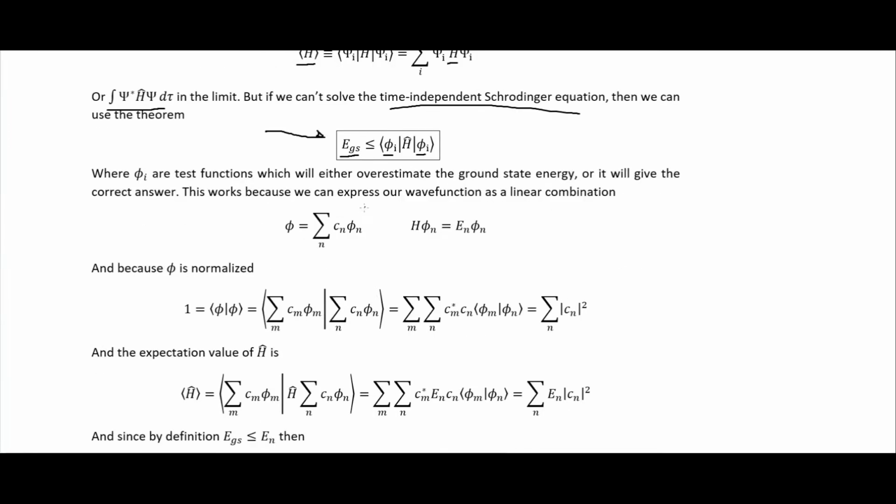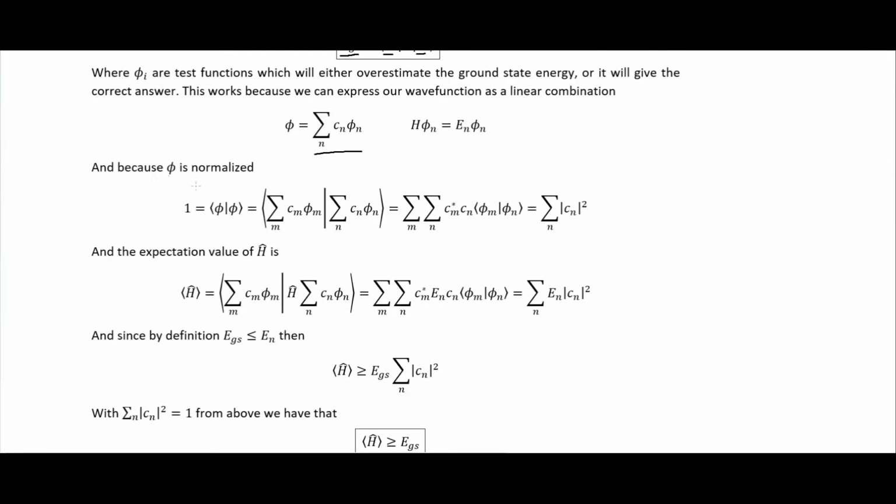This works because we express the wave function as a linear combination, so we are adding up these wave functions. We have that phi is normalized, and so we end up with this here, and the expectation value of our Hamiltonian will then be this right here. It's just this up here, but with the energy now in it.